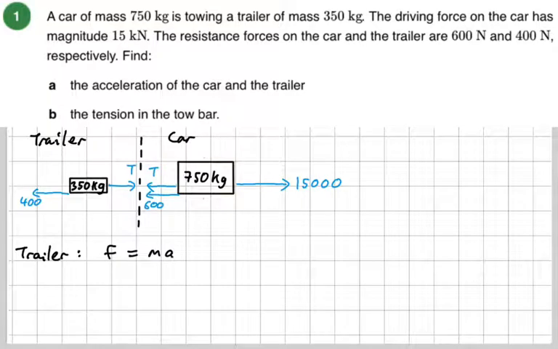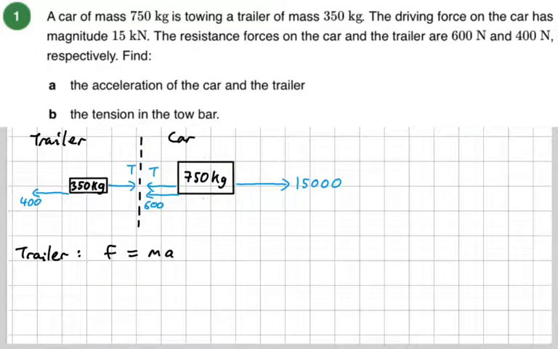And we want to link acceleration and forces, and of course F equals ma is your friend to do that. Now, before you substitute into this equation, you need to make a decision. It doesn't matter, but there are sensible options. Make a decision on what your positive direction will be. Well, the whole car and trailer thing is moving to the right, isn't it?